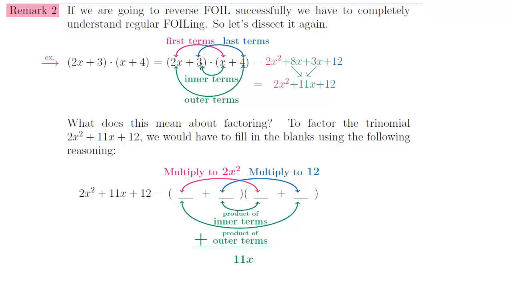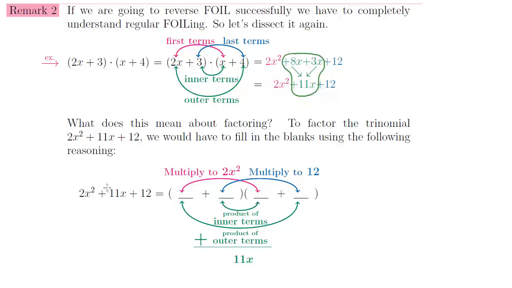You would multiply 3 times x to get 3x, and you would multiply 3 times 4 to get 12. But then look what happens here. The product of the outer terms and the product of the inner terms happen to be like terms. So they combine. In this case, the 8x and the 3x give you 11x in the middle.